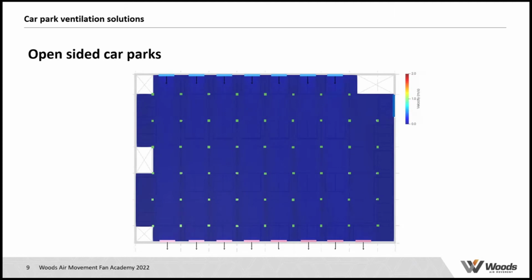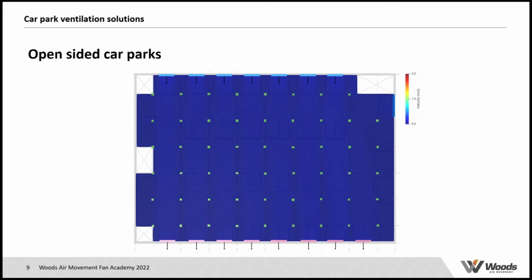But if we take this open-sided car park, a top view, and if we put some moderate wind pressure on one of the facades, which is the north facade on this drawing, you see a colorful picture which represents velocity. Now, if you look at the legend on the right-hand side, you see that anything that is blue is a fairly low velocity, and if it moves towards the red, it's a high velocity. So on this image, you see some light blue, which means that we do have some velocity.